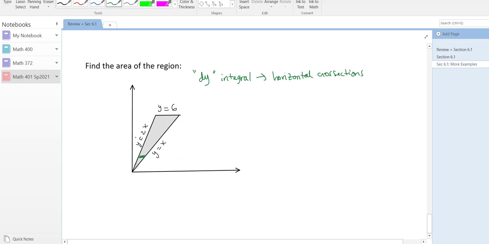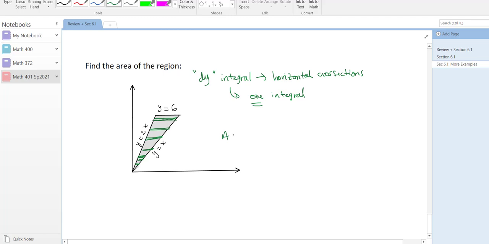As I move this horizontal rectangle up and down, are either my right function or my left function changing? And it's not. So as a dy integral, we only need one integral, whereas for a dx integral, we needed two. So I would choose to use a dy integral because I don't have to split anything up.